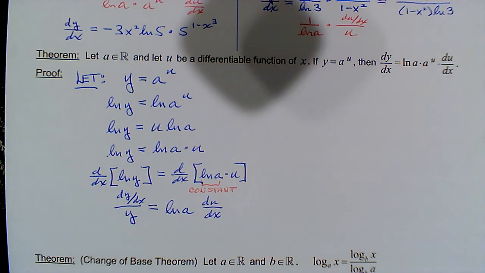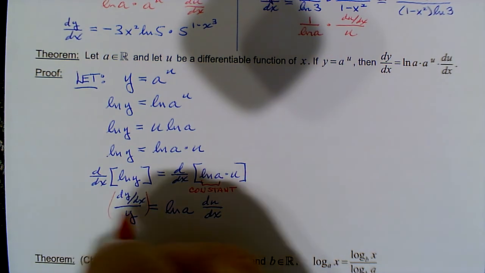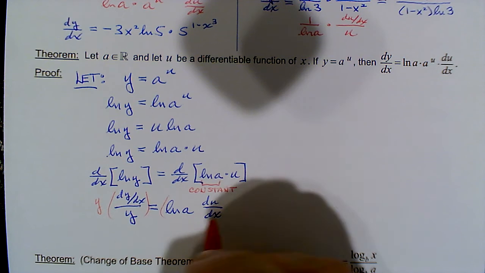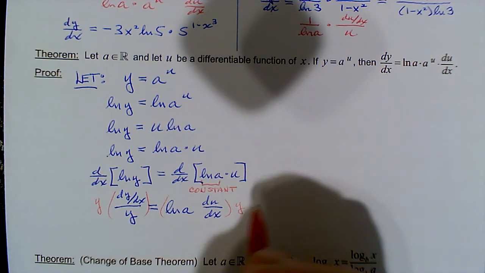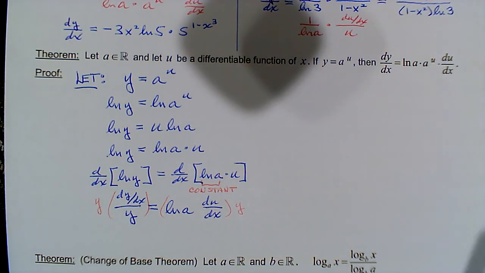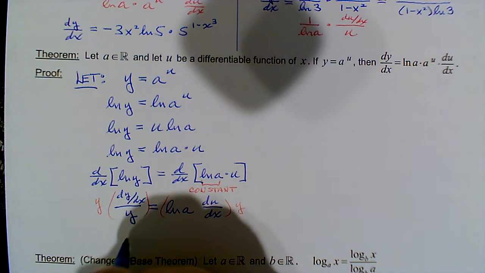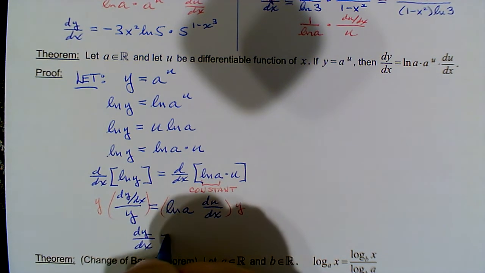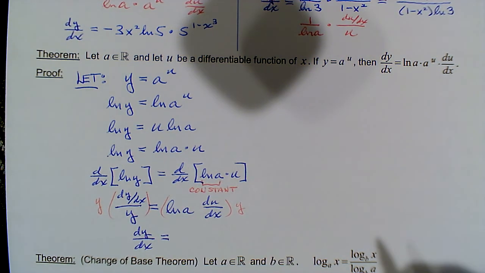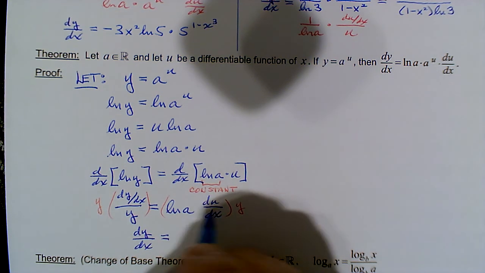Okay, and then we'll solve for dy/dx by multiplying both sides by y. You can indicate that if you like, as I did in red, but it's not necessary. It's understood that if you multiply both sides by y, any reader should know what you're doing. And I think I'm going to position it right in between the natural log of a and du/dx.